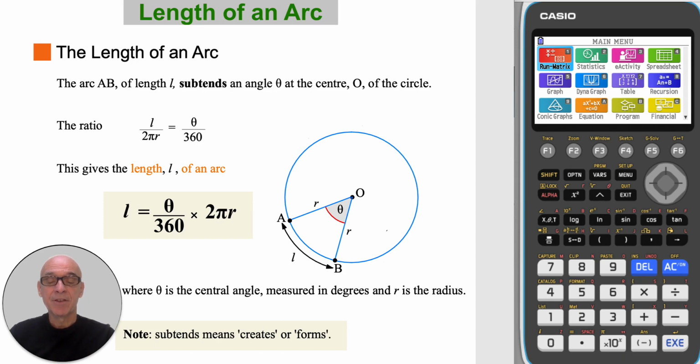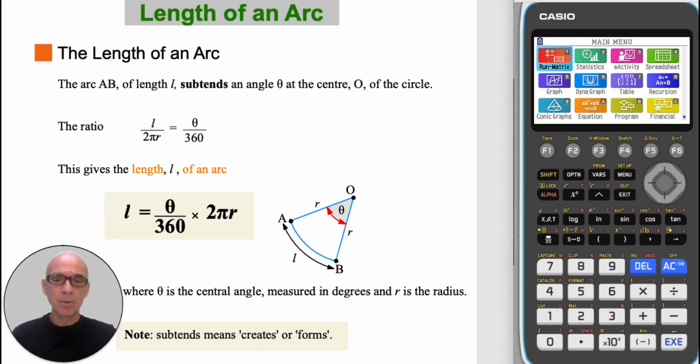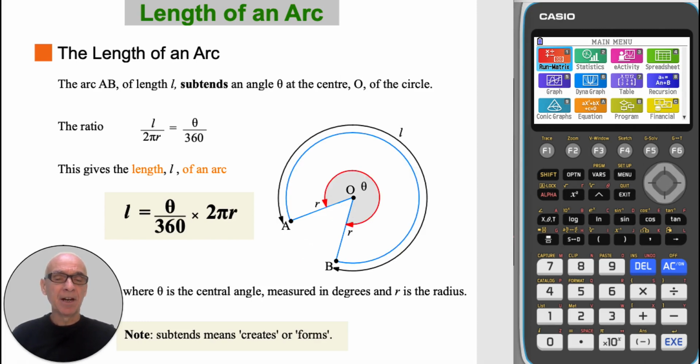This gives the length L of an arc is equal to theta divided by 360 multiplied by 2 pi r, where theta is the central angle and r is the radius. The arc length will be relatively short if the central angle is small, and relatively long if the central angle is large.